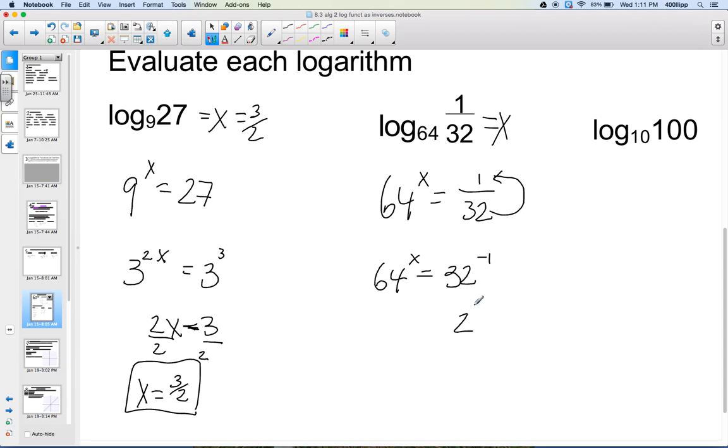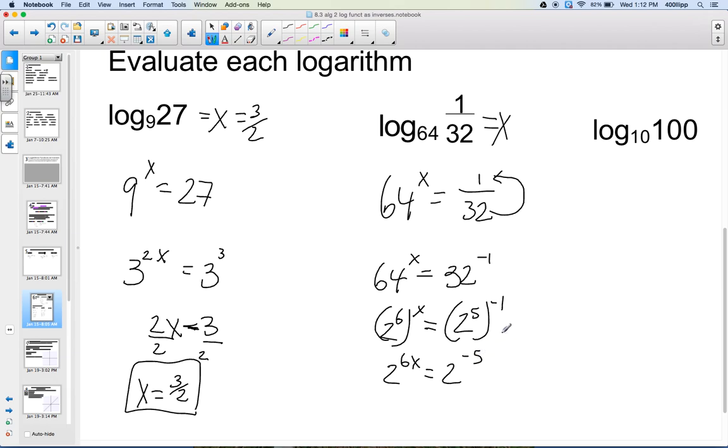And this is going to be 2 to the 5th power is 32, because I know 2 to the 4th power is the same as squaring it twice. 2 squared is 4, 4 squared is 16, and then times another 2 is 32, so that's 2 to the 5th, which means multiply by another 2 and you'll get 64, so this is 2 to the 6th power is 64, so this is the same as writing 2 to the 6x is equal to 2 to the -5 here.